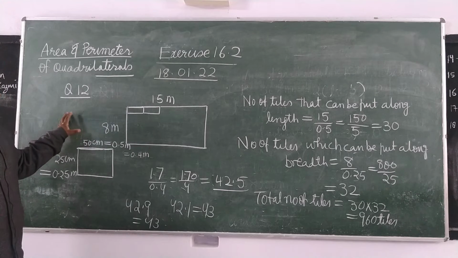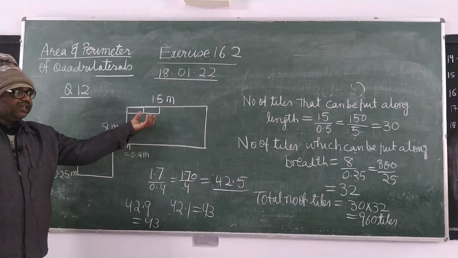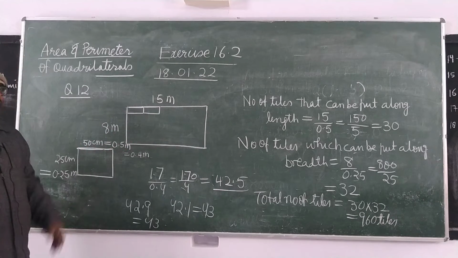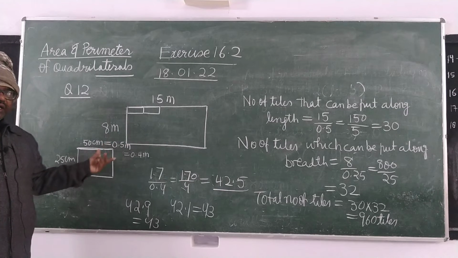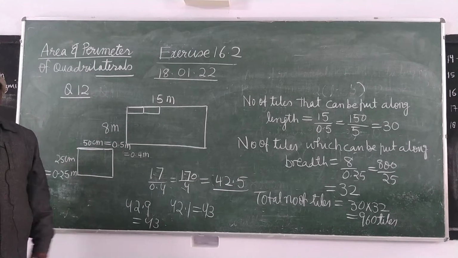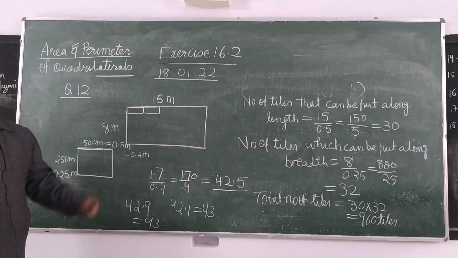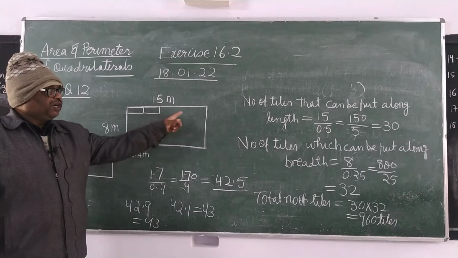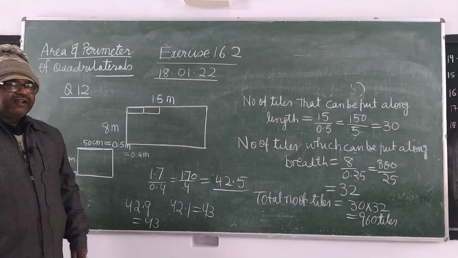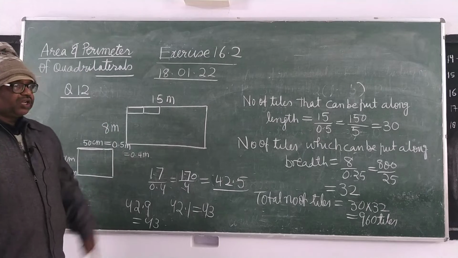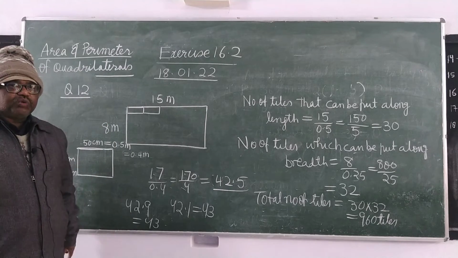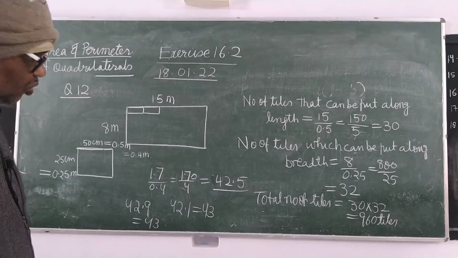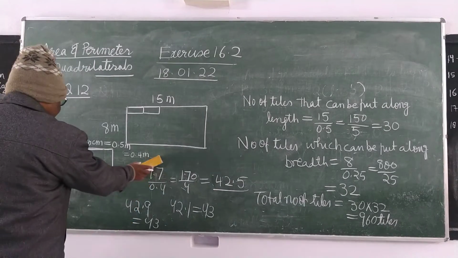That's why here we do not do it by area of floor upon area of one tile. We will not do by that way. We will find how many complete tiles can be put along the length, then how many complete tiles can be put along the breadth, and then you multiply both. So here it will be 960 tiles. Now see here, there is one more part in this.